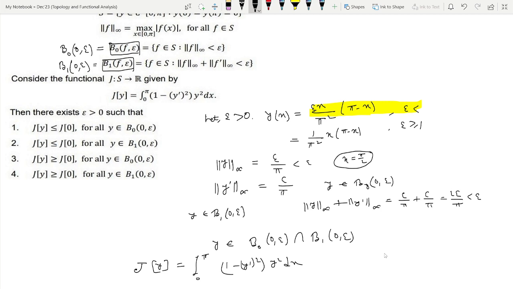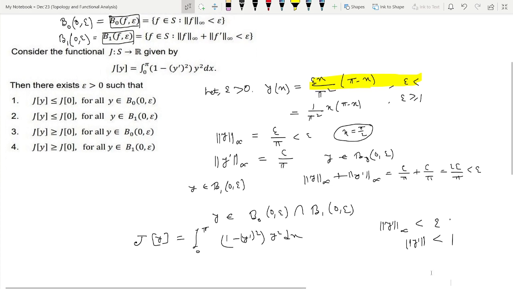Clearly here norm y dash is less than epsilon, and if epsilon is greater than equal to 1, then we take this. So similarly we can find this is actually less than 1. So this will be less than 1.